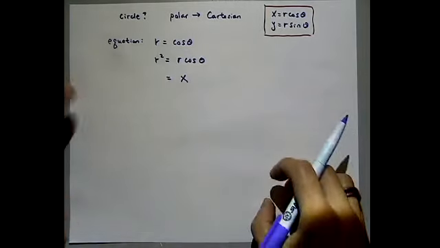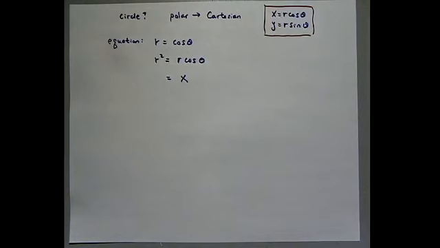So the right-hand side is now x, right? How about the left side? What's r squared in Cartesian coordinates? Right.